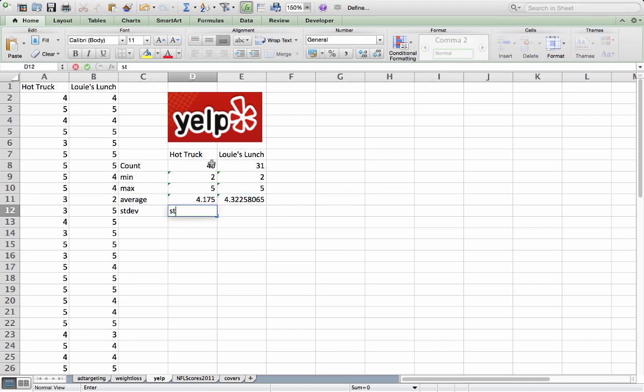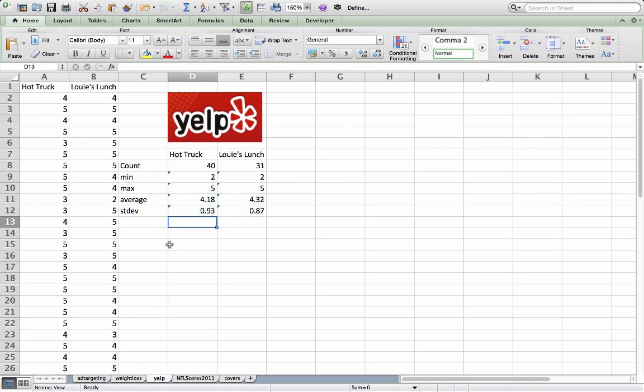And then the standard deviation of those. Getting really tricky here with my typing. Sorry, equals standard deviation of A:A. And let's just get rid of some of our decimals here. All right.